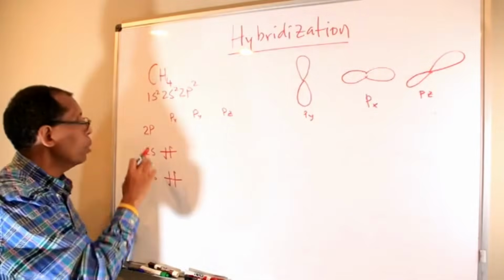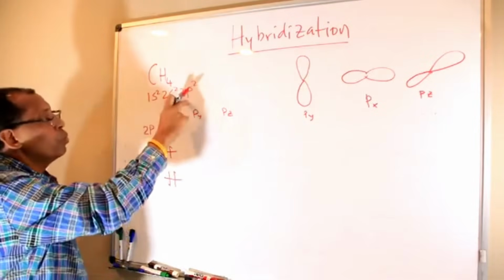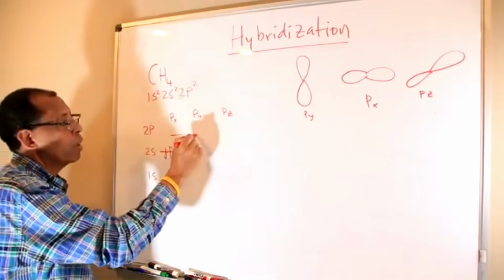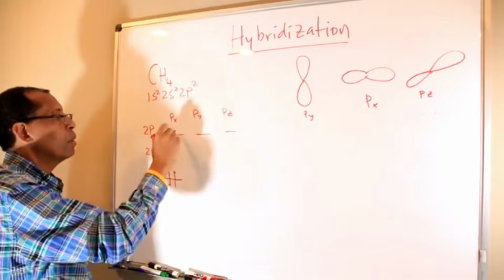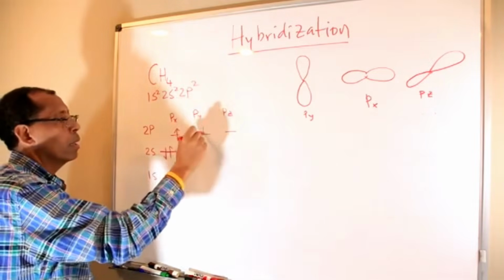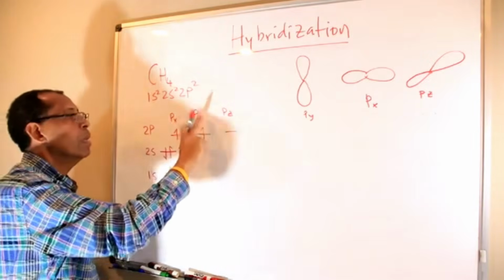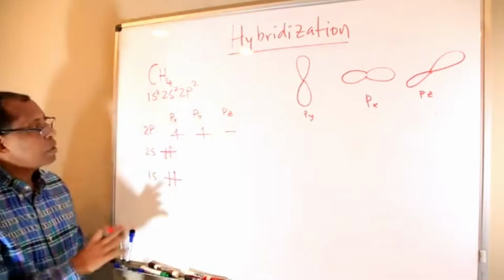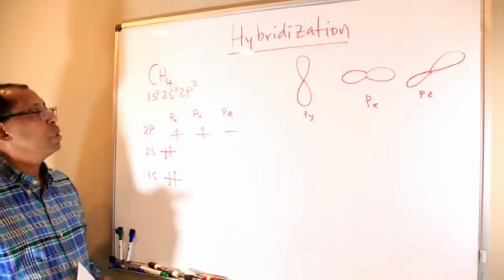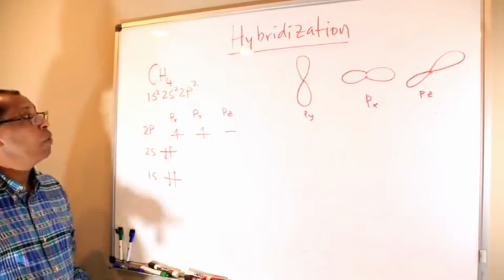But in carbon we have 2. Therefore, I would just make 2 electrons in this spin. So now this is just a ground state configuration, just the atomic orbitals for carbon.